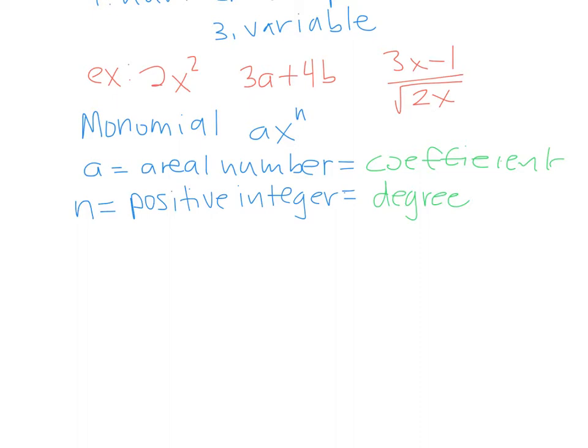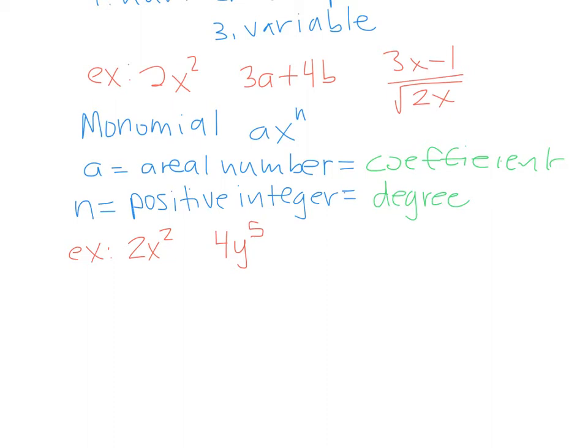Okay, so examples of a monomial. Well, that first one we had up above, 2x squared, that counts as a monomial. We could have 4y to the 5th, right? We don't have to have just x.